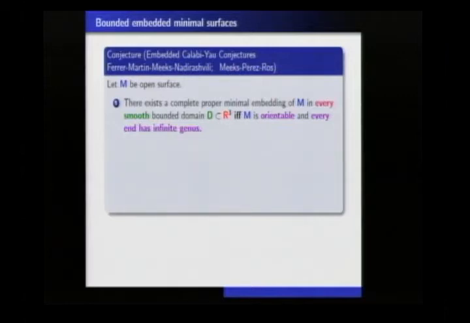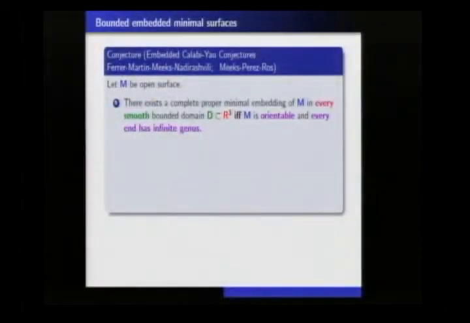There's this bigger conjecture. Suppose you have an open surface, and the question is, when is it possible that it has a proper, complete, minimal embedding in every smooth bounded domain?